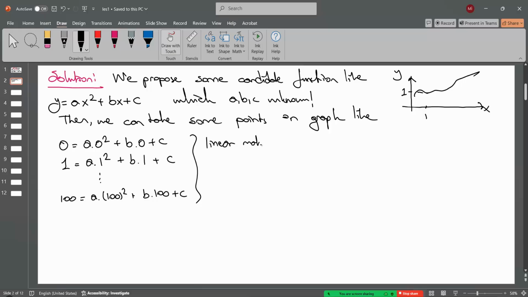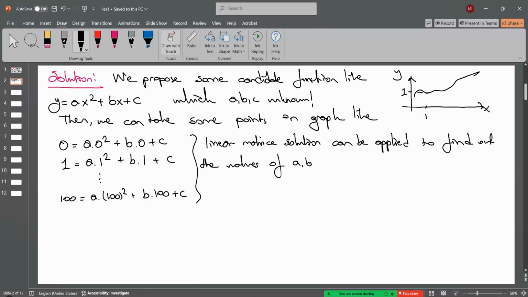Okay, and so this can be applied to find out the values of a, b, and c in here. Okay, and so if we have this notation in here, a, b, c is a vector, just like this one, and we can create the matrix, and also we can generate the y in here, and so this is the result, xr.